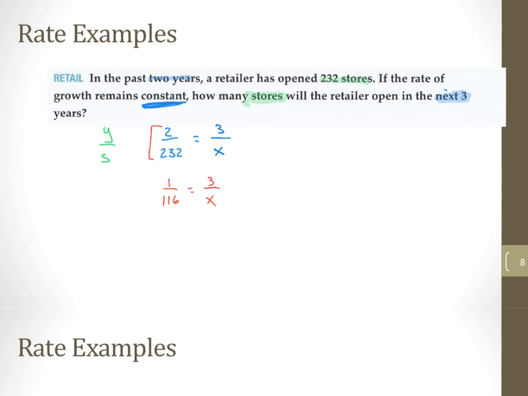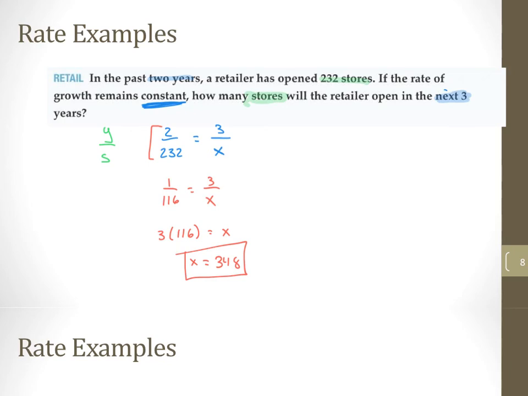All simplifying does is spare you additional division and bigger numbers later on. And you guys know me, I don't like big numbers. Now you cross multiply. 3 times 116 is equal to x. X is equal to 348. That's how many stores they will set up within 3 years.